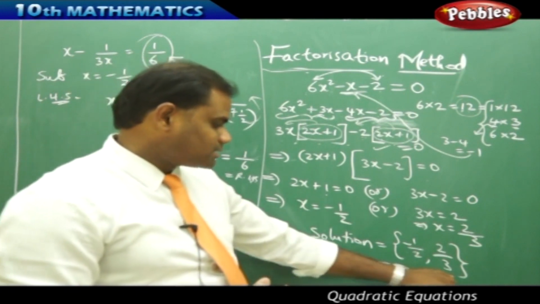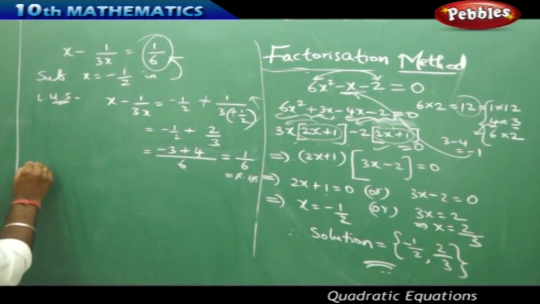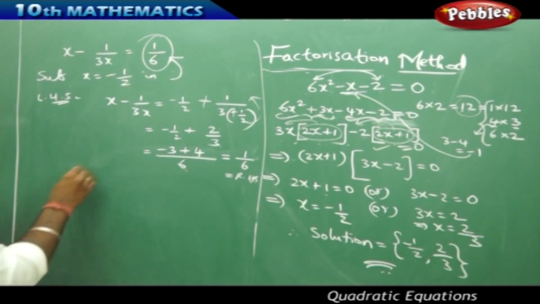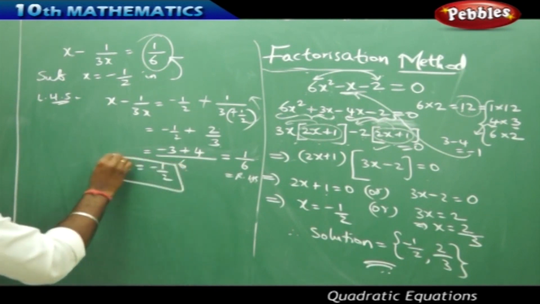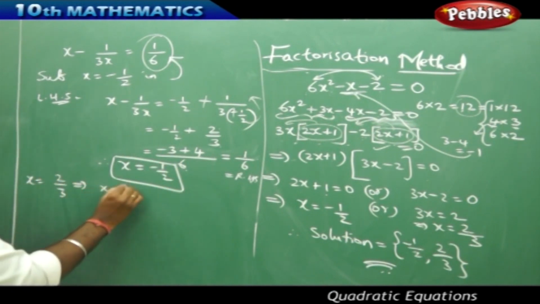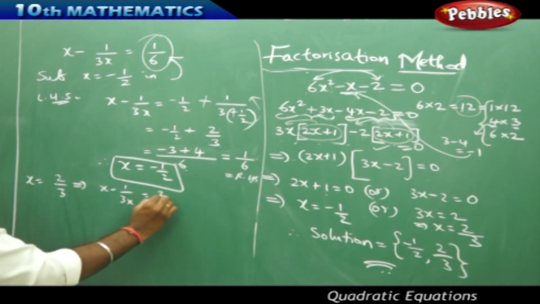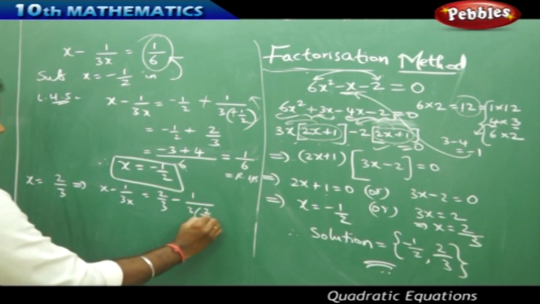Similarly, to know that the second value also is correct, I substitute x equal to 2 by 3. But before this, my x equal to minus 1 by 2 is fixed to be a solution of the given equation. So next, x equals 2 over 3 implies x minus 1 over 3x is 2 by 3 minus 1 over 3 times 2 by 3.